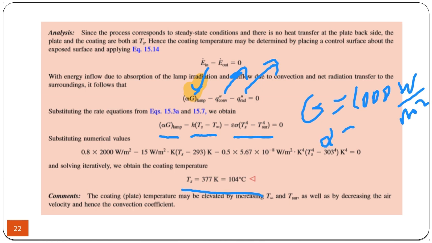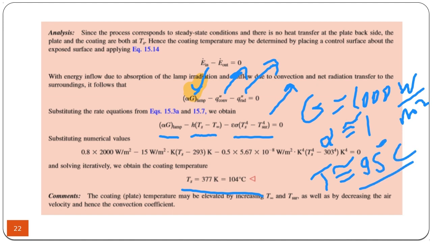You can take the alpha almost 1 because it's a black surface, and you can assume some surrounding temperature like 30 degrees during summer. So by inserting the numbers, you will get a surface temperature for the asphalt, I don't know, 95 Celsius or something like this.